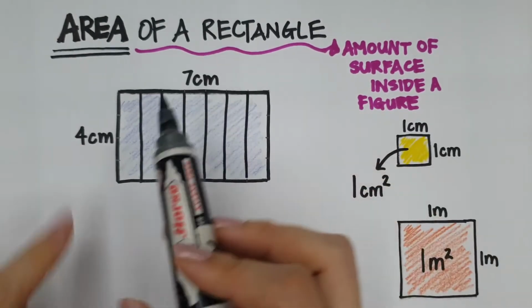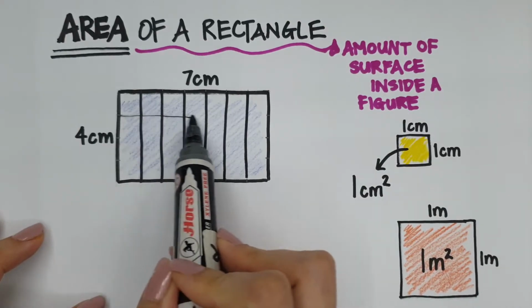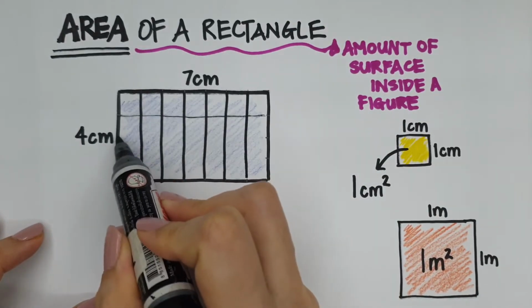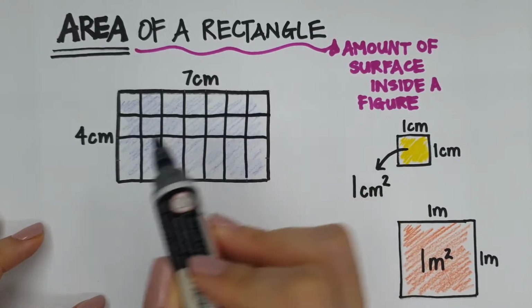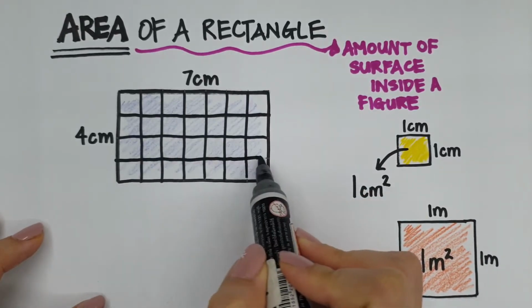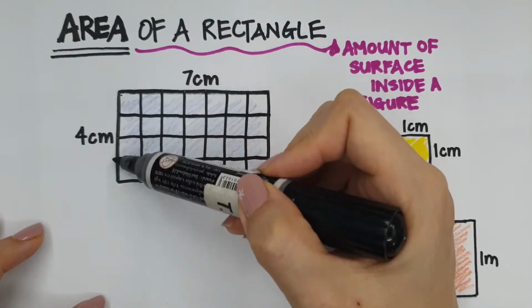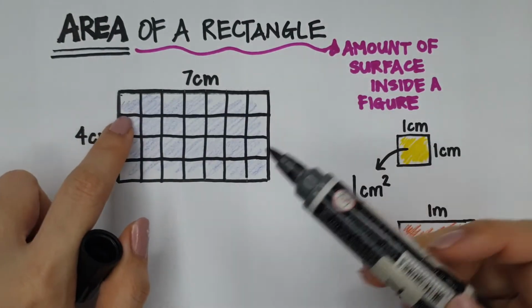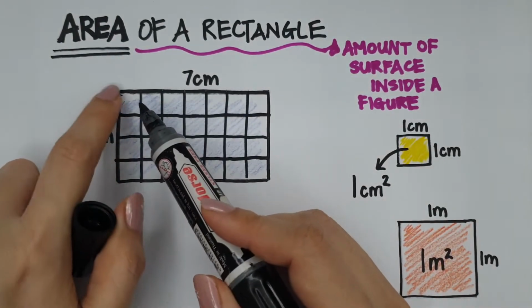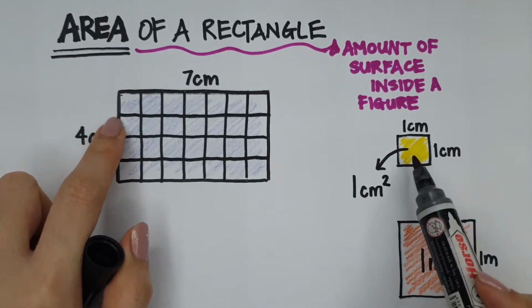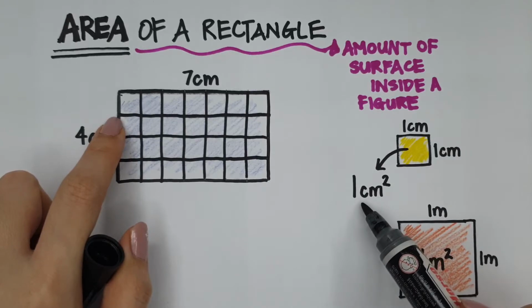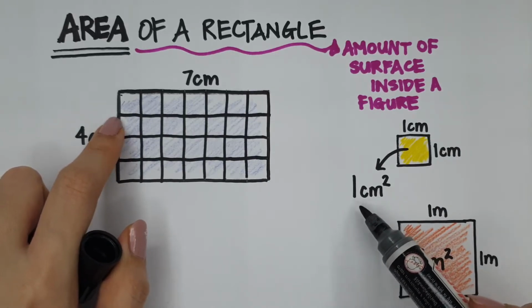And if this is 4, I'm going to divide this, let me draw that line again, into 4 centimeters. So 1, 1, 1, 1. In that case, each box is 1 centimeter by 1 centimeter, meaning each box will give me 1 square centimeter.